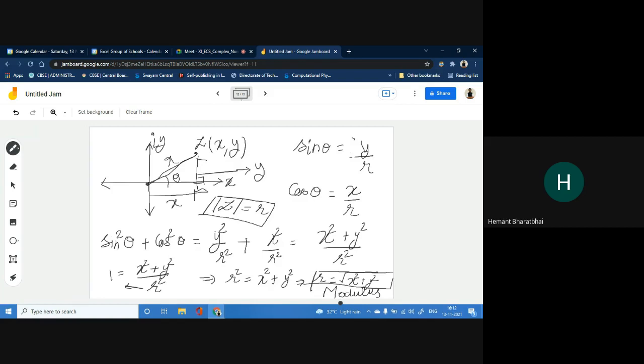Come to the next representation of complex number. Initially we saw one representation of complex number as x plus iy. Now we are going to see two more representations of complex numbers. One is called the polar form and the other is called the exponential form, which will use this, and that is why I taught you what modulus and argument are.